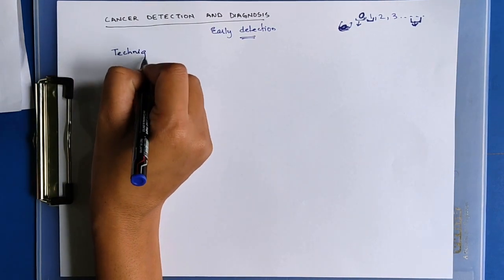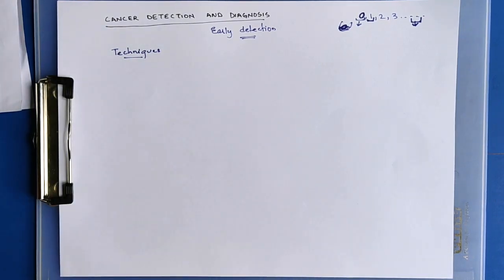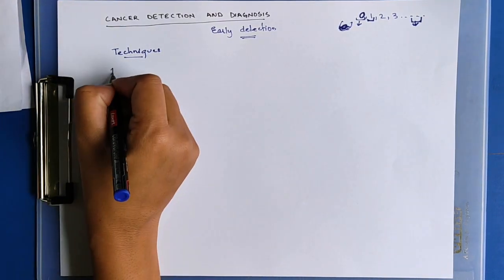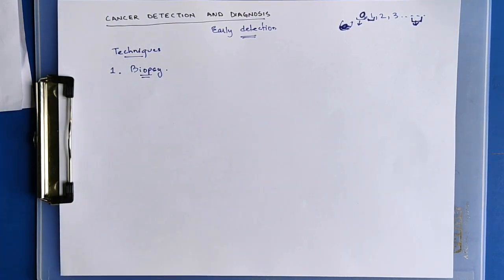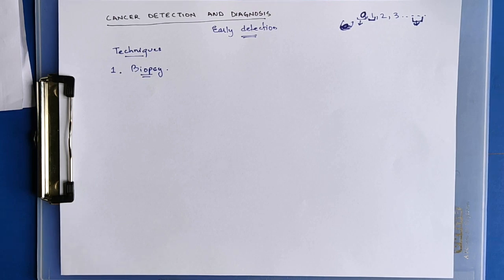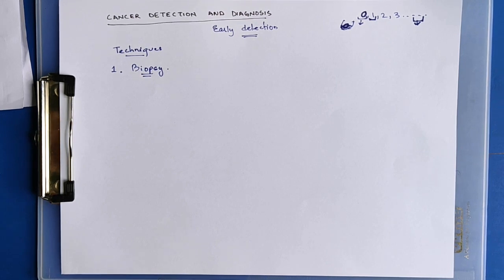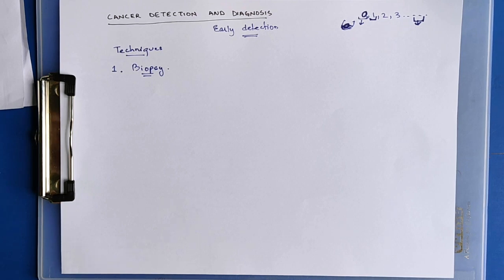There are techniques which are used for diagnosis and detection of cancer. The first one is biopsy. In biopsy, suppose we take a tissue, blood, or bone marrow sample and study the cells, whether the cell count is increasing very rapidly or not.